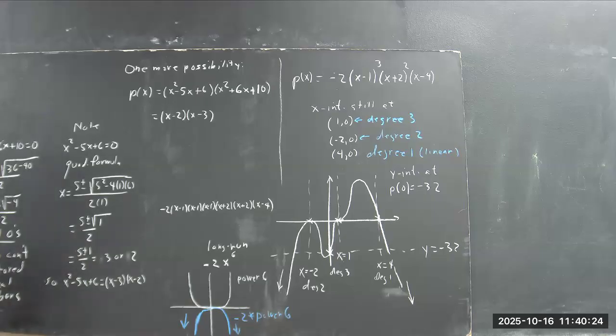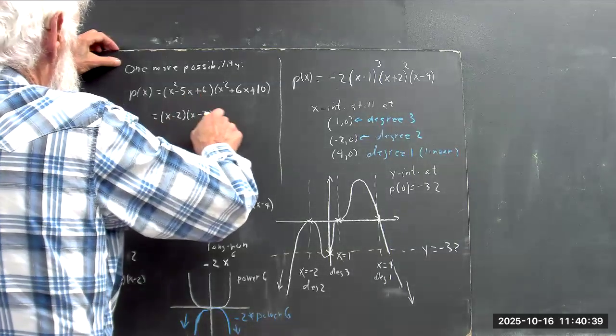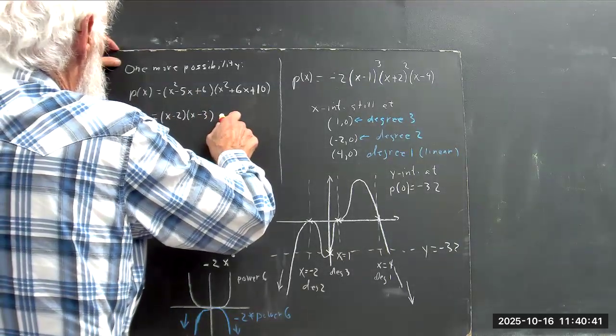X squared plus 6x plus 10 can't be factored using real numbers. We call it irreducible.